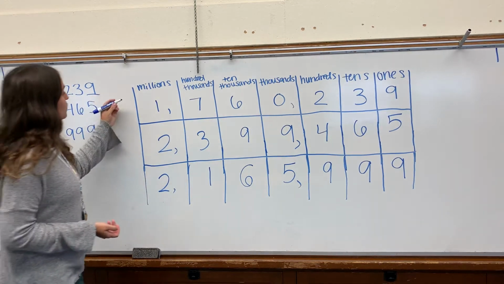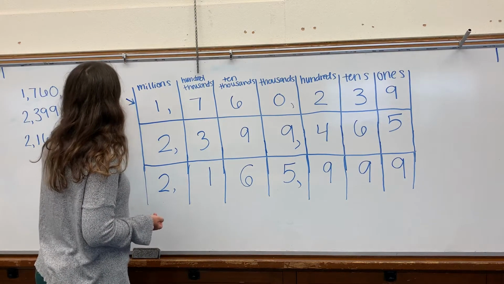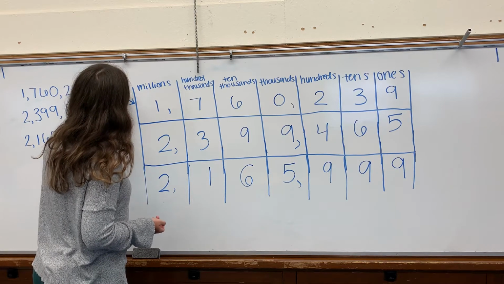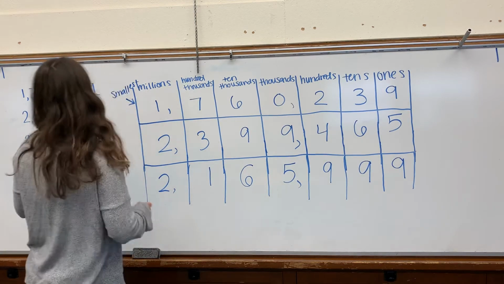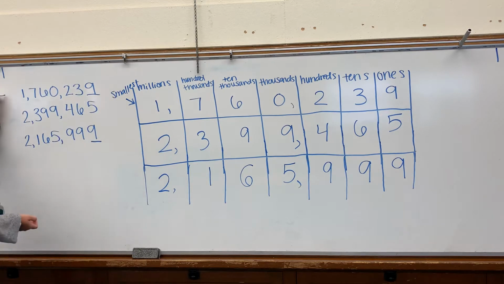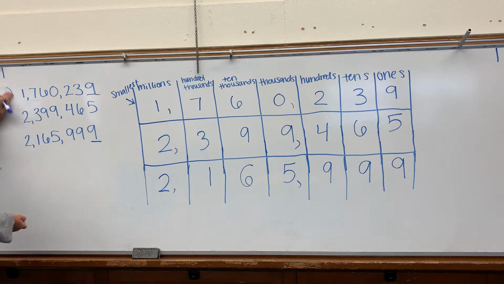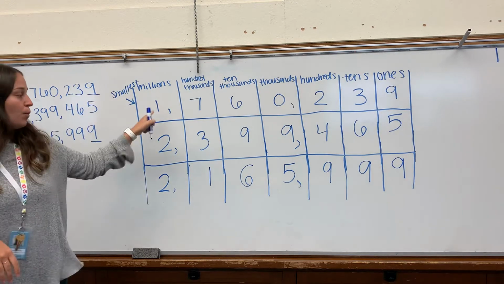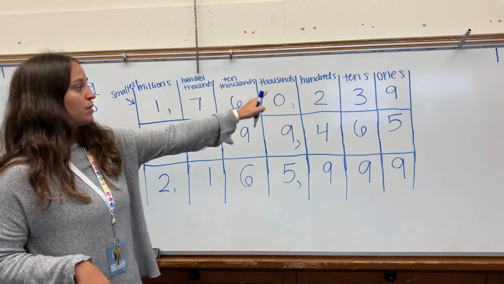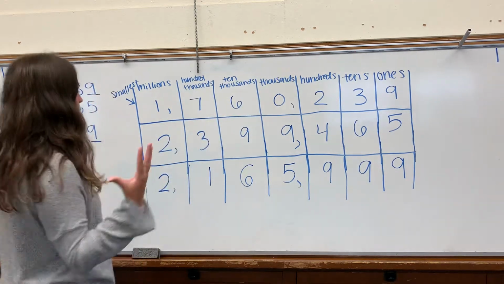So now I know that this number is the smallest, okay? So I'm going to put a number 1 next to that number. You might not be able to see that. So that should be my first number, 1,760,239, because it's the smallest, okay?